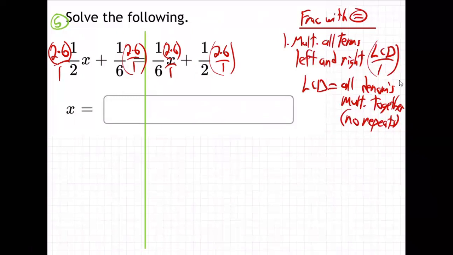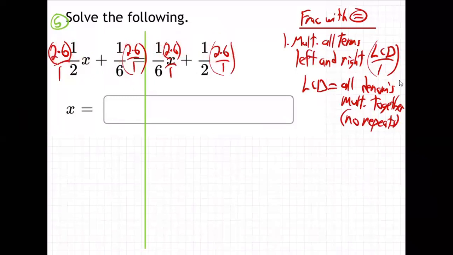That'll actually be less work in the end. But this will work too. It's not technically the least common denominator, but it'll work. So I just say, just grab them, multiply them together, but don't have any repeats. Is that making sense? So just a single 2, a single 6 over 1. That's the LCD over 1, 2 times 6 over 1 to all the terms on the left and the right.